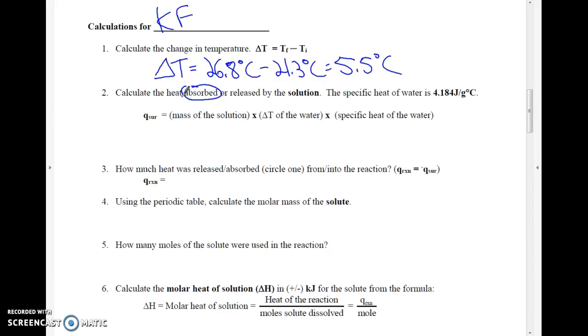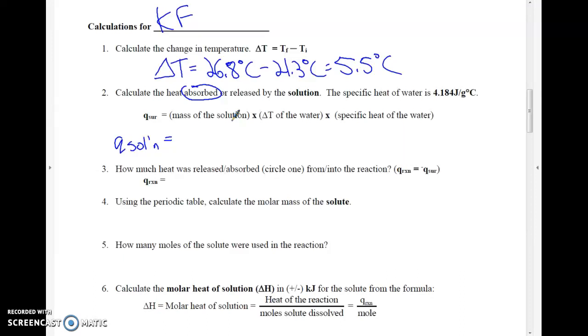So whatever the chemicals do, the surroundings do the opposite. So this says Q surroundings, and the other way people write it sometimes is the heat of the solution, which I'll just abbreviate SOL'N. It doesn't really matter if you say surroundings or solution. The mass of the solution, and this is the part that people will make a mistake on sometimes, and it throws everything off. The solution is the solute plus the solvent. The solute for us was 9.00 grams of potassium fluoride.